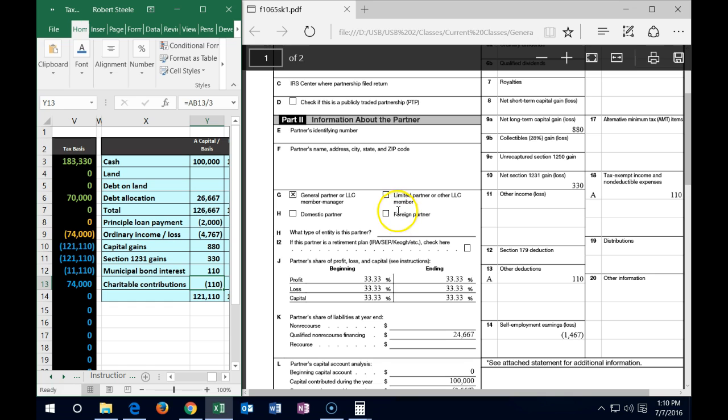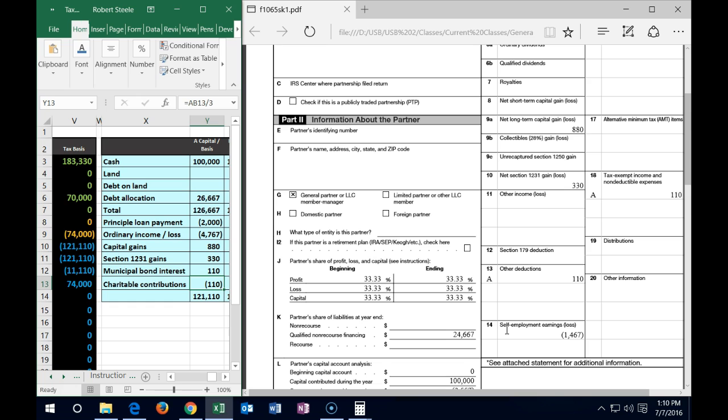But the thing to remember is that this self-employment means that it's self-employment income, unlike maybe an S corporation, where what was not reported as W-2 income may not be reported as self-employment income. So that's an important distinction that will flow through and have self-employment tax calculated on it. Of course, it's a loss in this case, therefore we don't really have the self-employment tax on the loss. But if it's income, then we would.